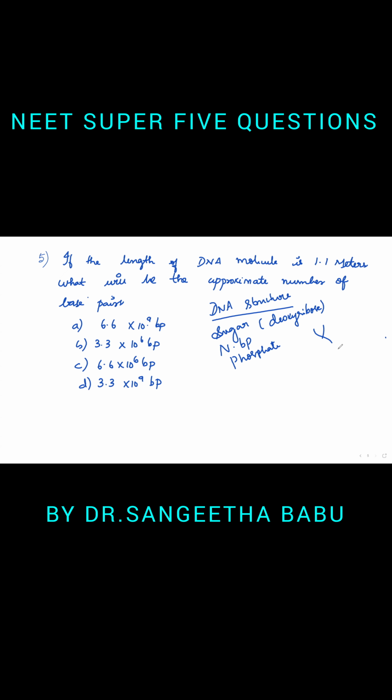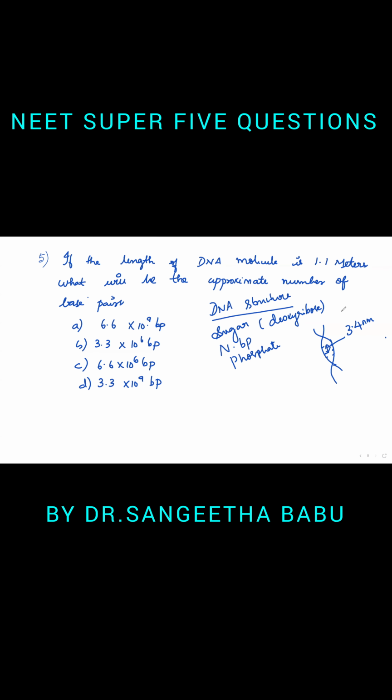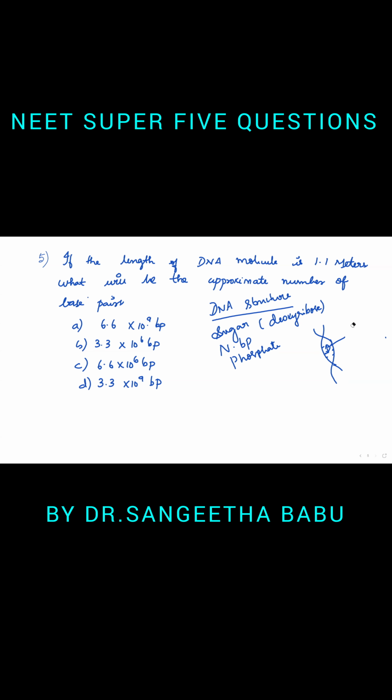If this is the DNA structure and all these nitrogen bases are arranged like this, the length between two nucleotides is 0.34 nanometer, or we can say 3.4 into 10 to the power minus 10 meter.